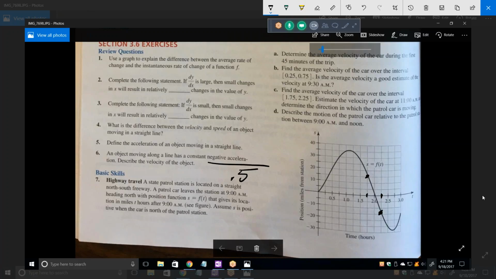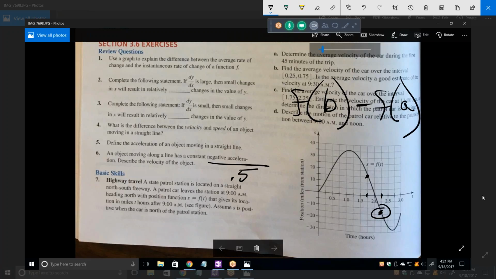What's the change in y? It would be negative 10. No, negative 13, I guess. Okay, remember what the change in y is. It's f of b, the second point, minus f of a, the first point. This is f of b. What's f of b? Negative 13.